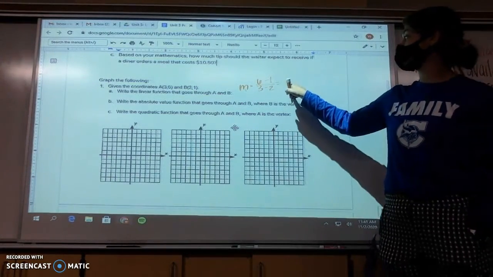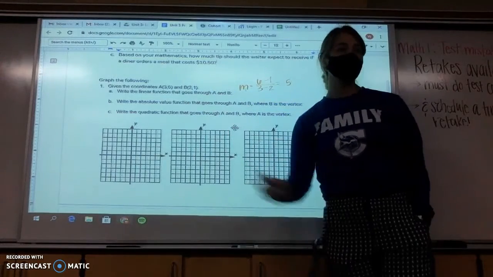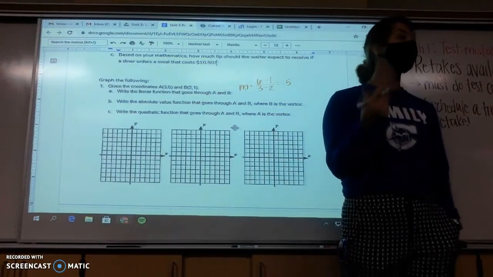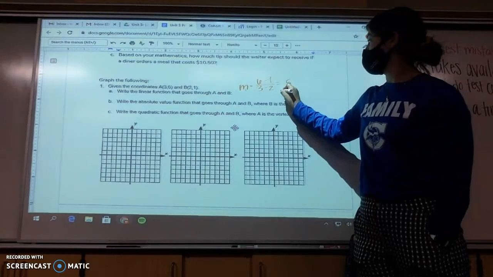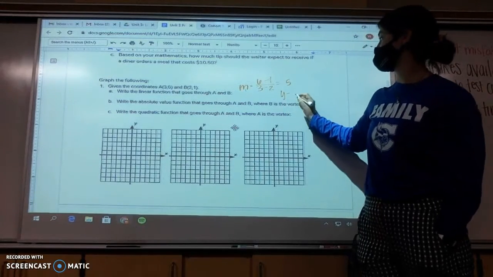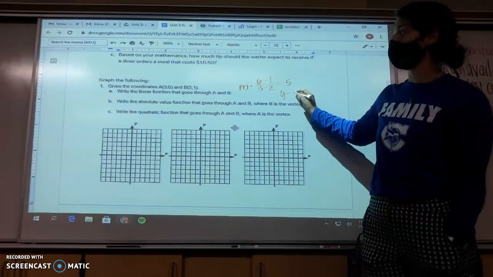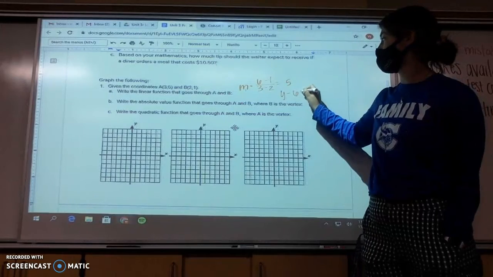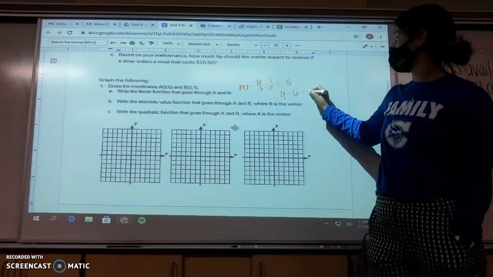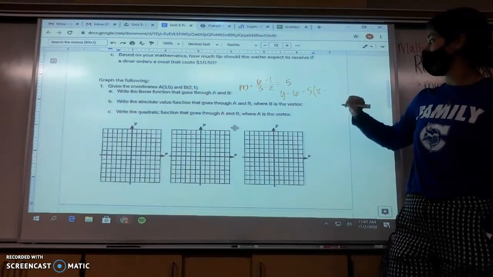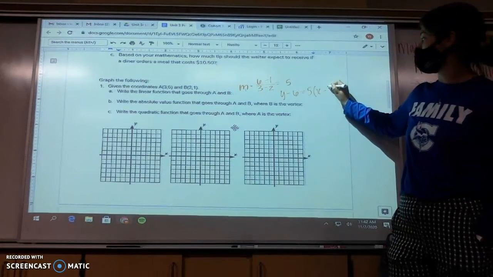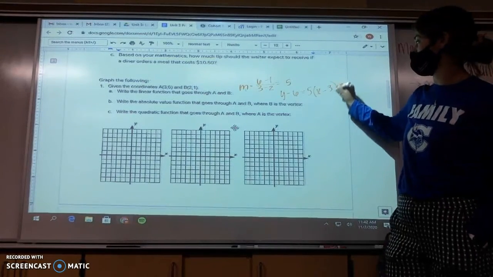So now I have a slope and I have a point, so I'm going to plug it into point slope. I'm going to go y minus my y1, which I'll do 6, is equal to my slope times x minus my x value, which is 3.